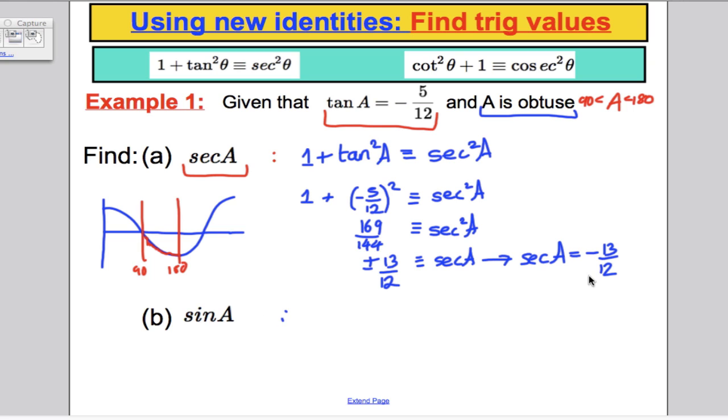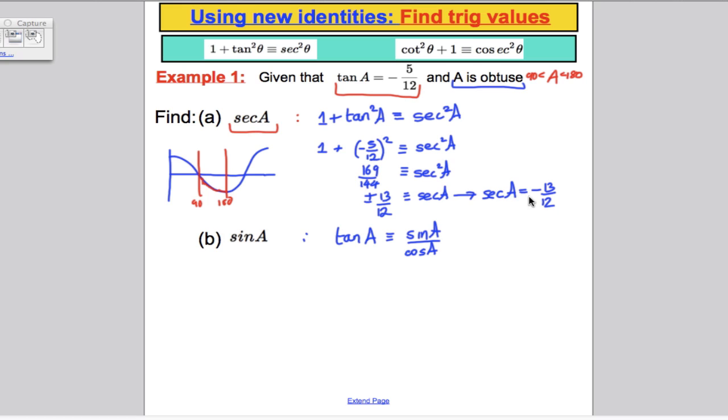Now, given we know tan A and we know sec A, we want to find sine A. Now by definition, we know the following. Can we get a tan and a sine in there? Well, we know from our Core 2 relationship that tan A is the same thing as sine A over cos A. And we know from the previous part, if sec A is -13 over 12, well, cos A is the flip of that, it's -12 over 13, right?